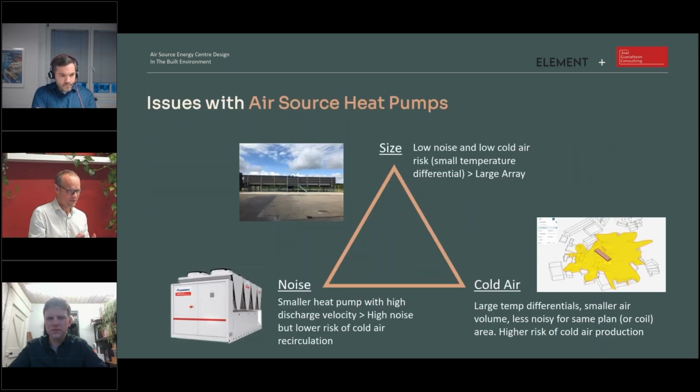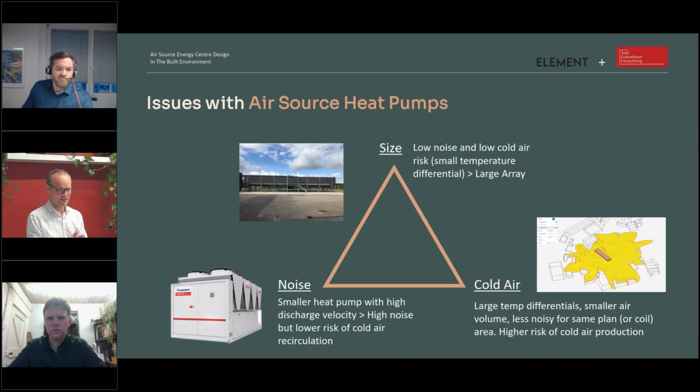So the crux of the issue with air source heat pumps at this scale is that you can only have two of these things. If you make air source heat pumps bigger, they make less noise, but the air also comes out more slowly, and then the cold air is given less momentum, and dispersion is enhanced. If we have very small fast fans that eject the air as quickly as they can, dispersion is improved, but we create more noise.